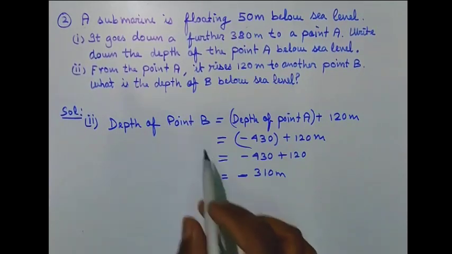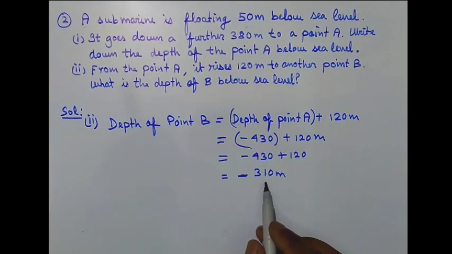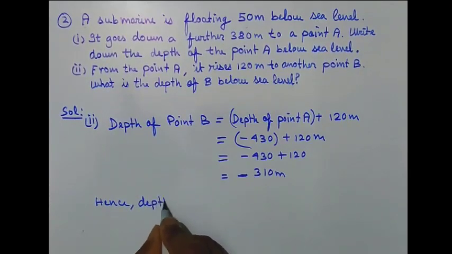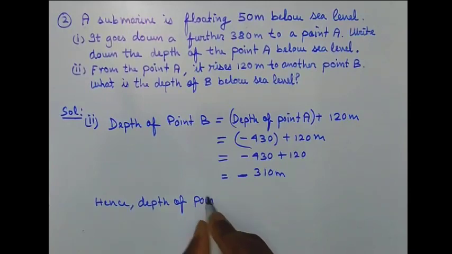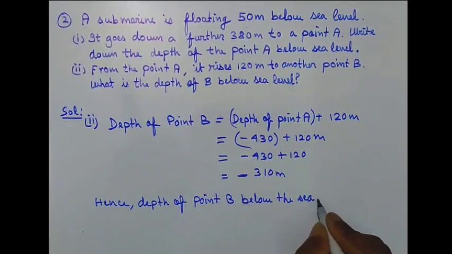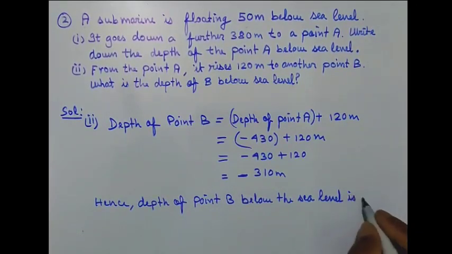So the depth of point B will be negative 310 meter, or simply we can say, hence, depth of point B below the sea level is 310 meter. Clear?